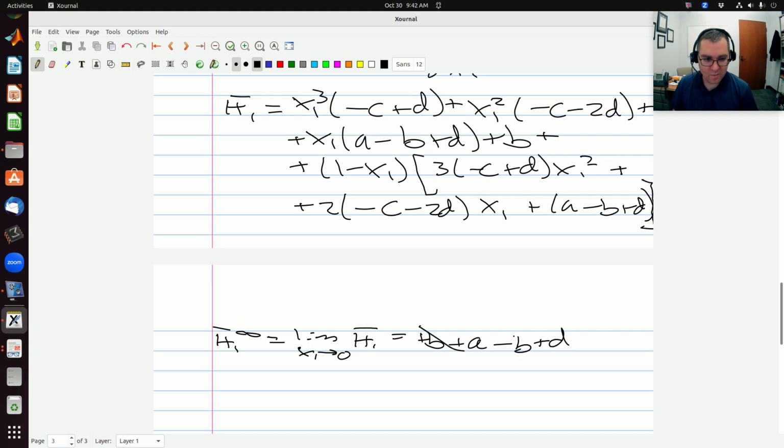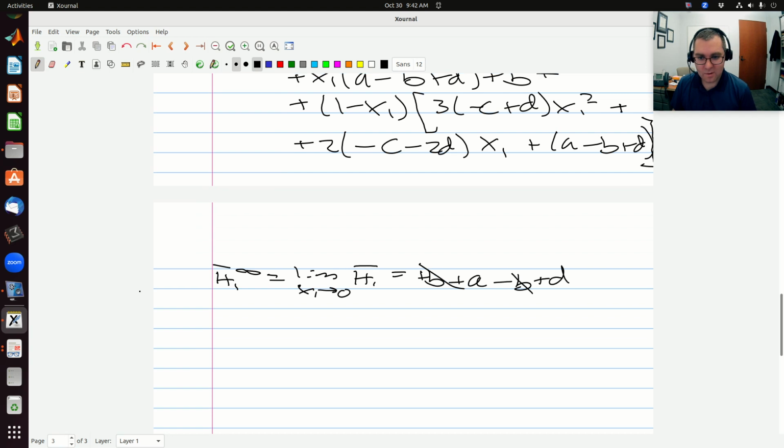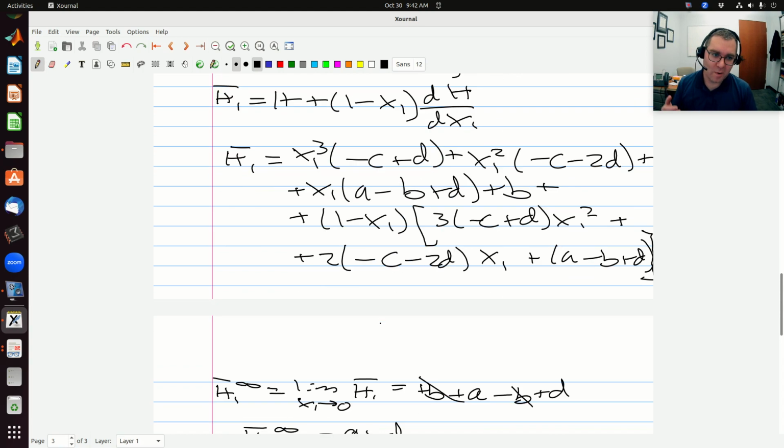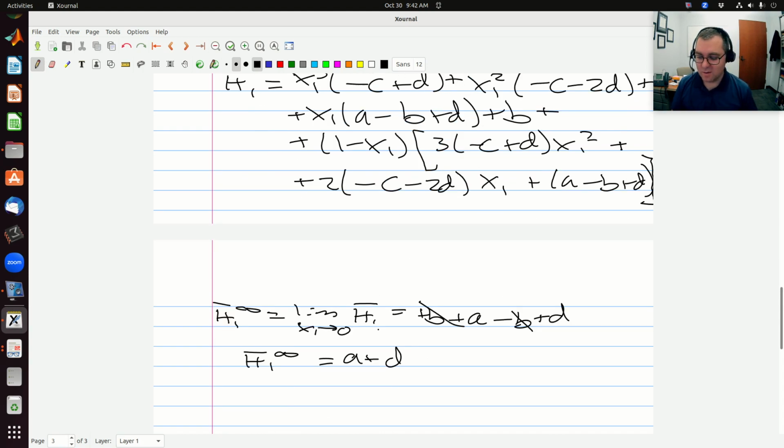So my b's would cancel, and I'd be left with h bar 1 at infinite dilution equal to a plus d. And if I had worked out an expression for h bar 2, I could do exactly the same thing.